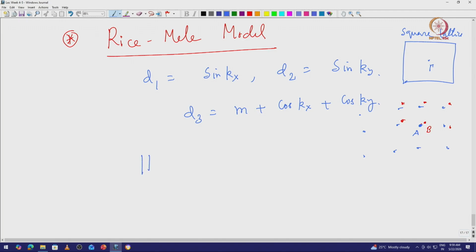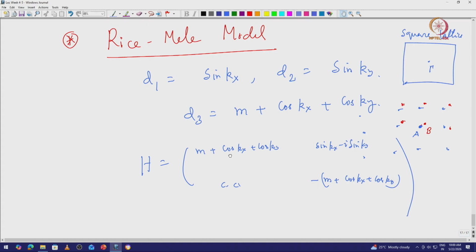And let me remind you, if you write this in terms of the Hamiltonian, it will be m plus cosine kx plus cosine ky, and it will be minus sin kx minus i, complex conjugate. So, what does each term correspond to?